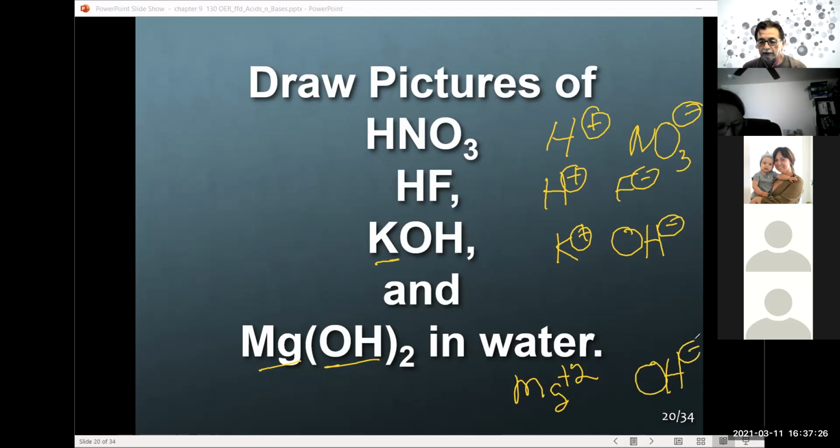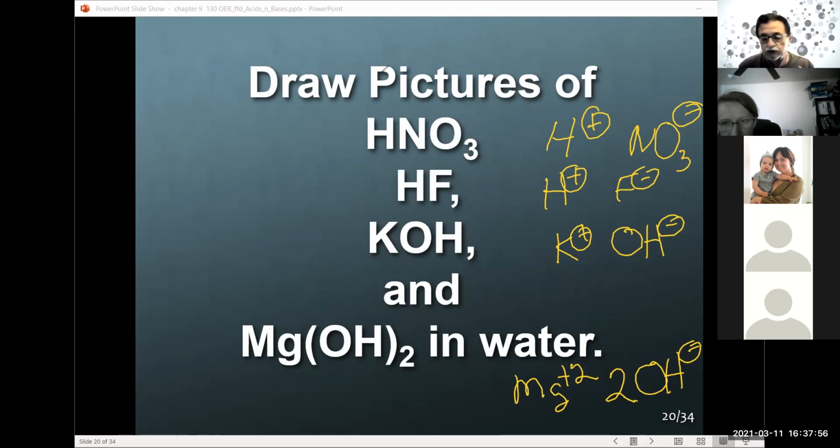And I don't ignore the fact that there's 2 of them because of this in the parentheses. Okay, so first thing I did was write down the ions. If you recognize already what they are, then by all means go to the next step, but I'm going with the pretense that you don't recognize everything at this point with respect to the ions. So I'm breaking them down because I need to draw these eventually.